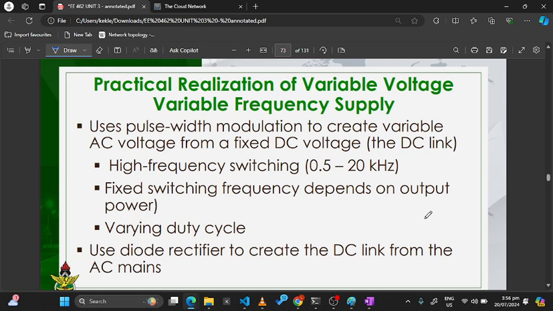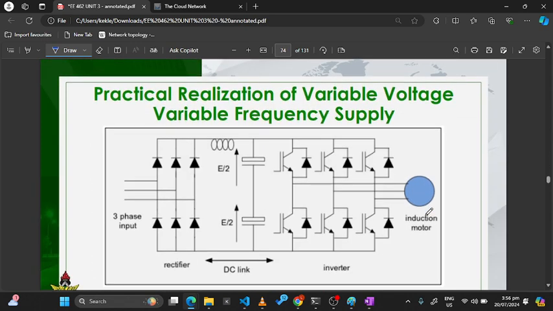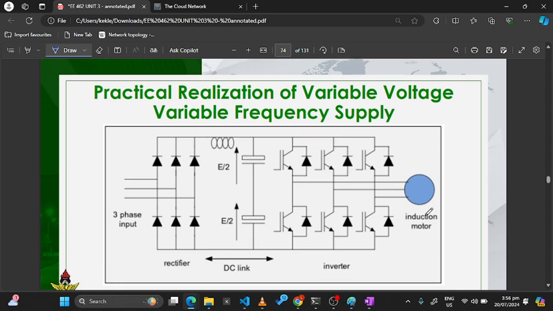That's the DC link. They have high frequency switching. So this is what it's talking about.